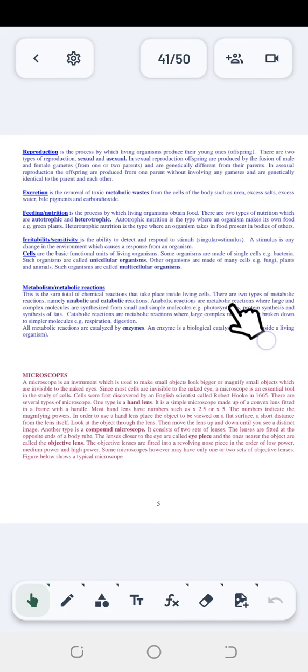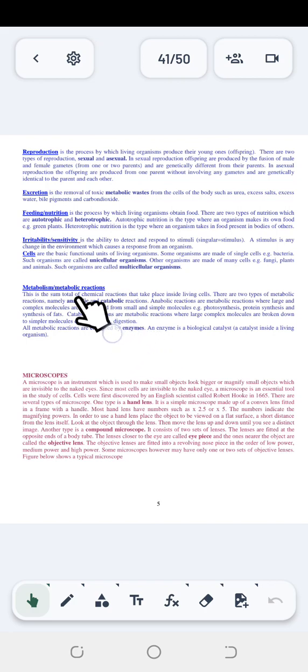Anabolic reactions are metabolic reactions where large and complex molecules are synthesized from small and simple molecules, e.g., photosynthesis, protein synthesis, and synthesis of fats. Catabolic reactions are metabolic reactions where large complex molecules are broken down to simple molecules, e.g., respiration, digestion.